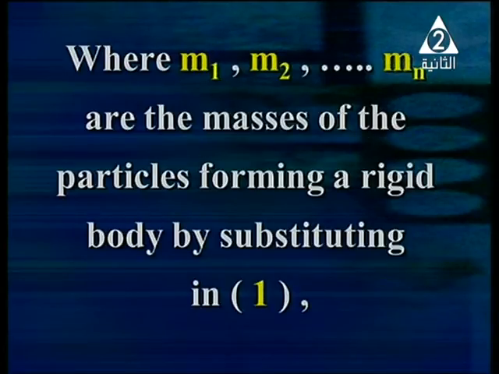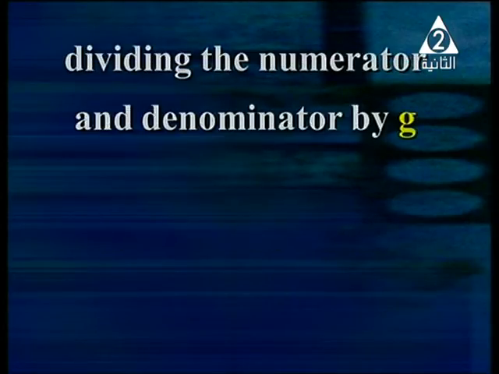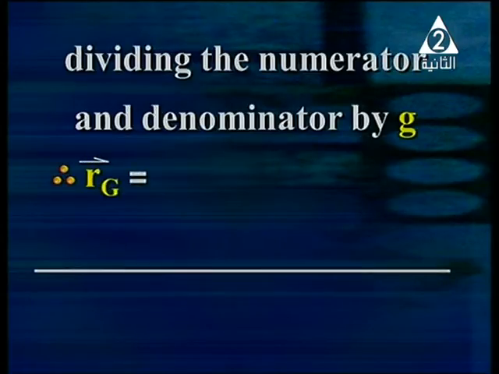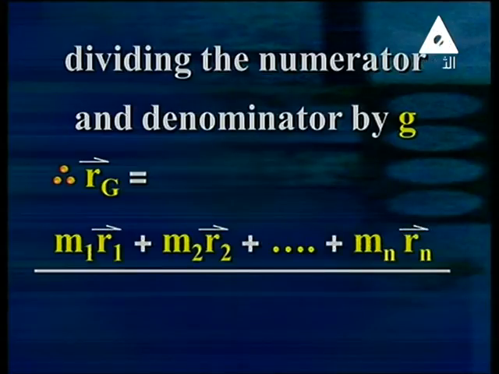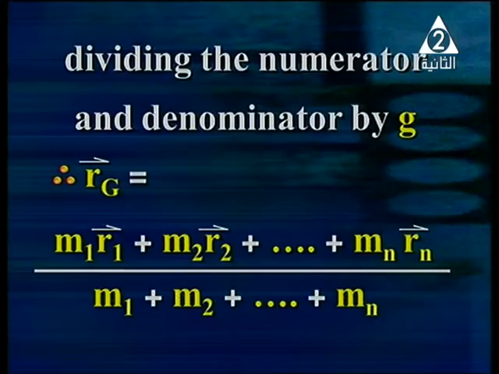By substitution in equation 1, and dividing the numerator and denominator by g, the position vector becomes m1 r1 plus m2 r2 plus up to mn rn, over m1 plus m2 up to mn.